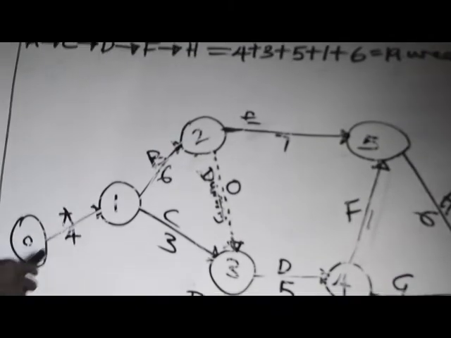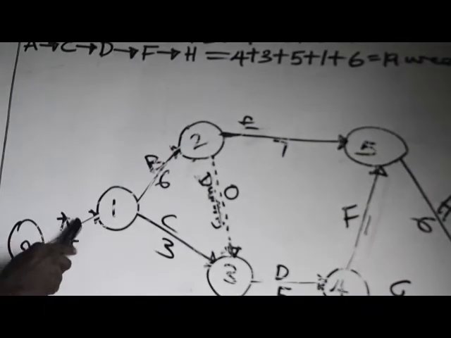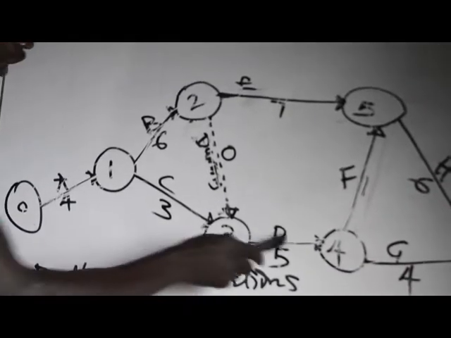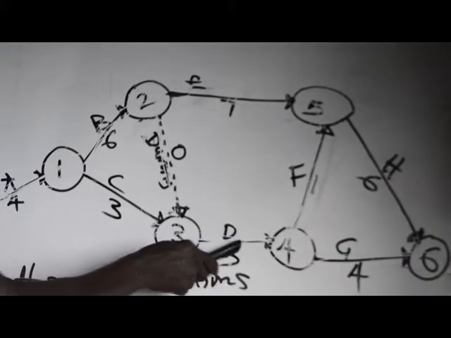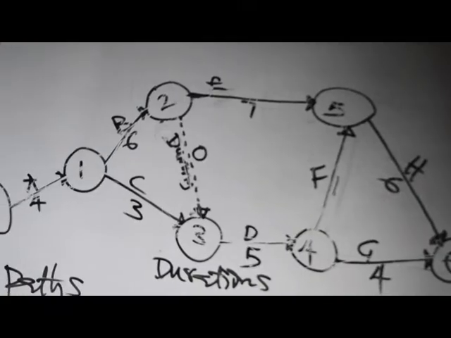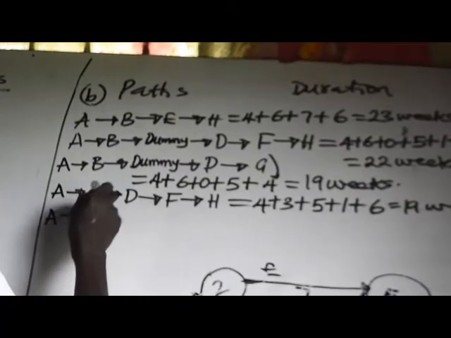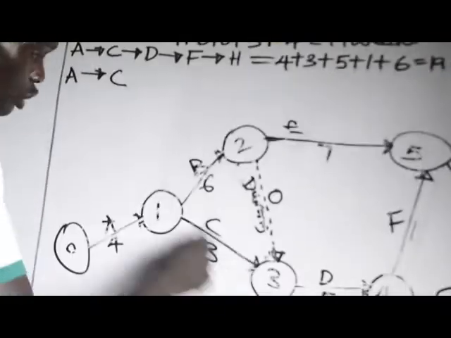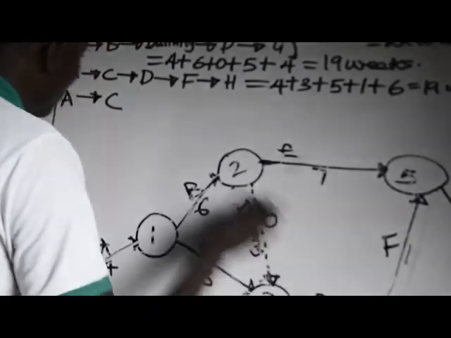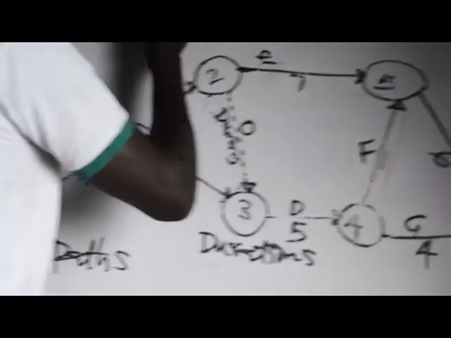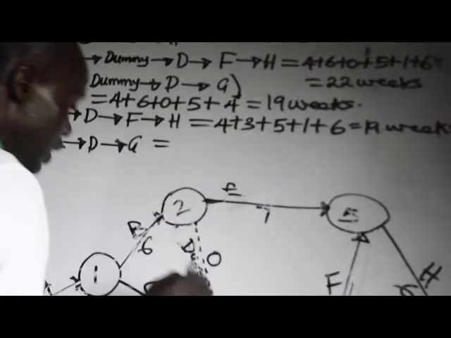So you could as well go this way. A to C, from C to D, and from D to G. And what is the duration?